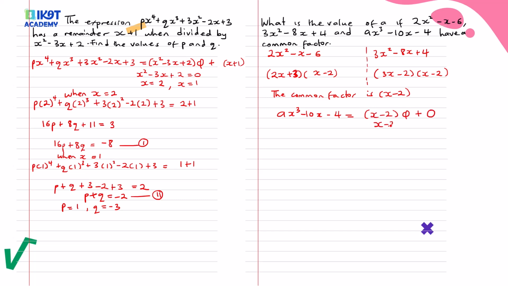So you say, this is 0, x is equal to 2. So here we can finally find the value of a. First we get 8a minus 24 is 0. Then we get a is 3.